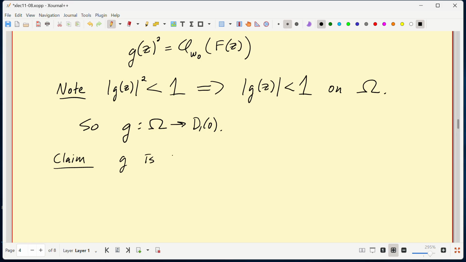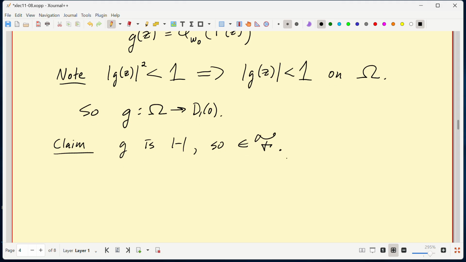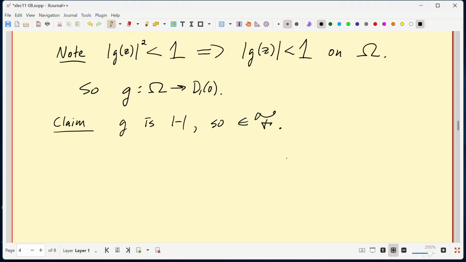G is 1-to-1, so g is in script F. And the why is easy. It's because g squared is 1-to-1. Let's suppose g of z1 equals g of z2. Then their squares would be the same, of course.